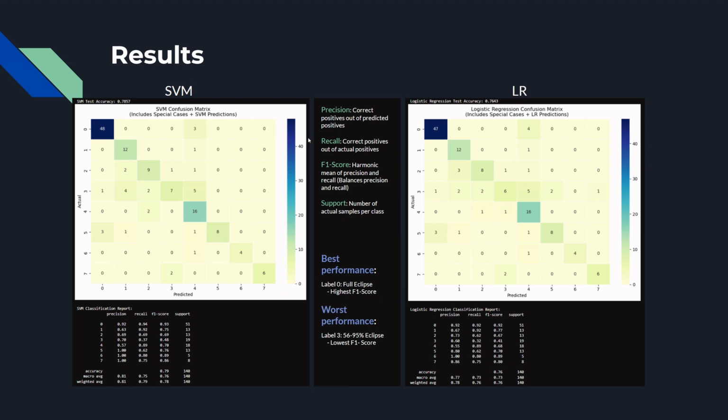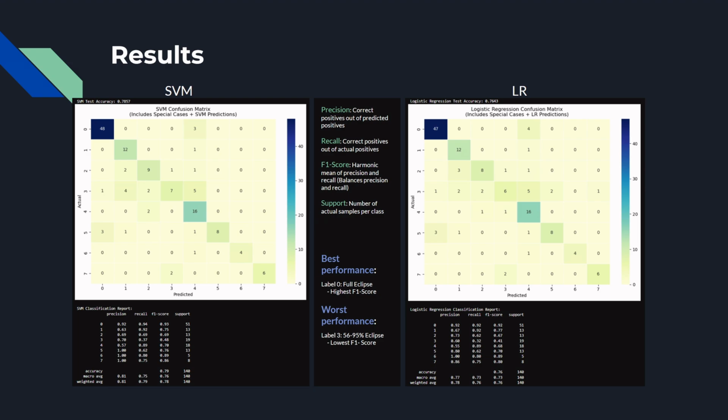With the F1 score, we can combine both of these values and calculate the harmonic mean of precision and recall, which balances the precision and recall, like I said. And then the support is how many images were in each class. So for this model, the best performer was label 0, which is a full eclipse, which had the highest F1 score.